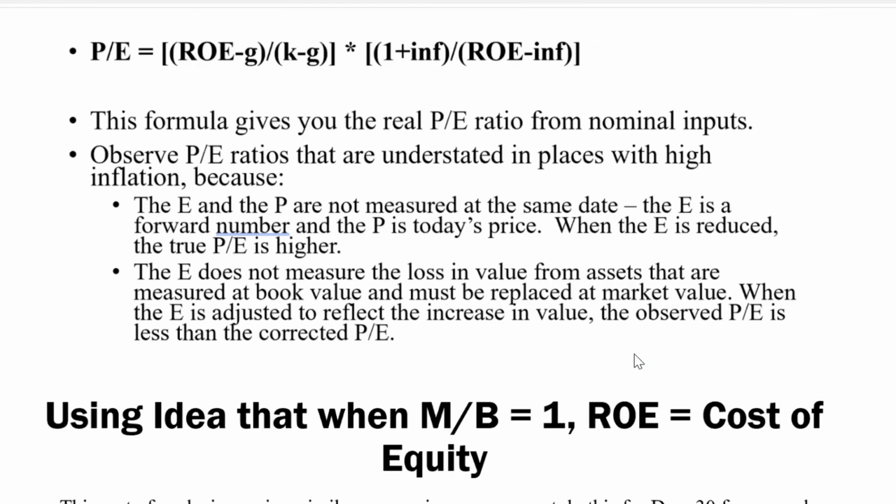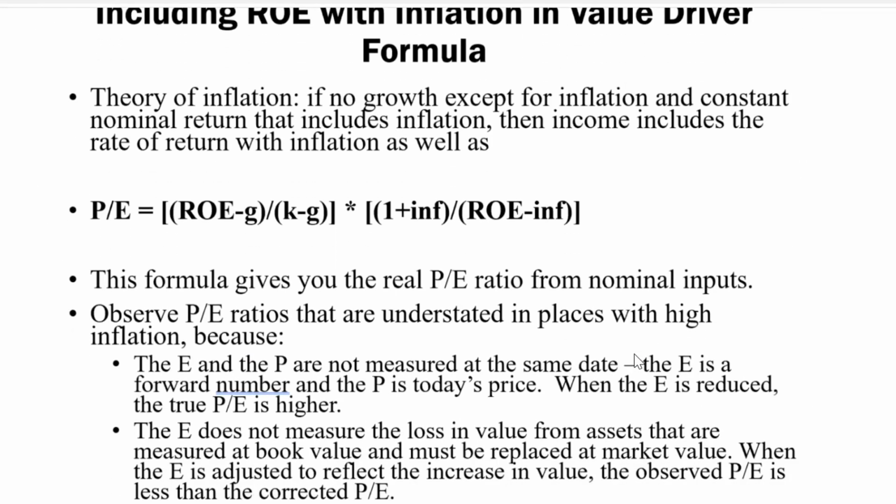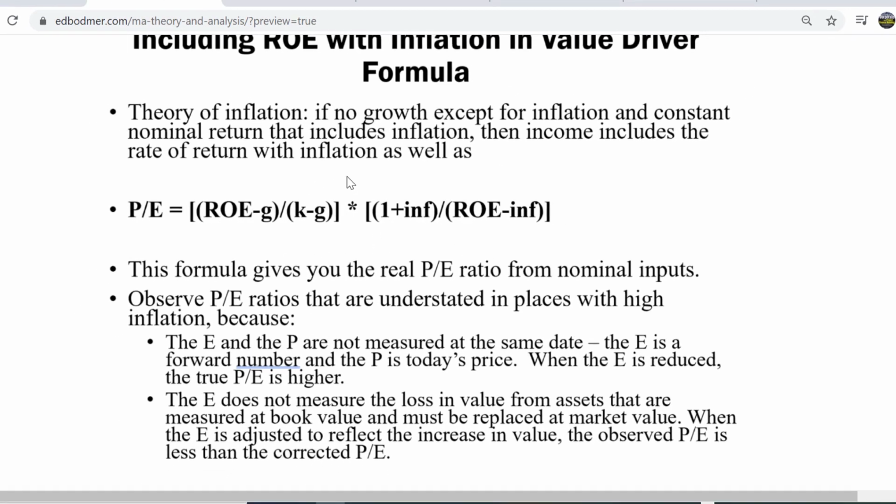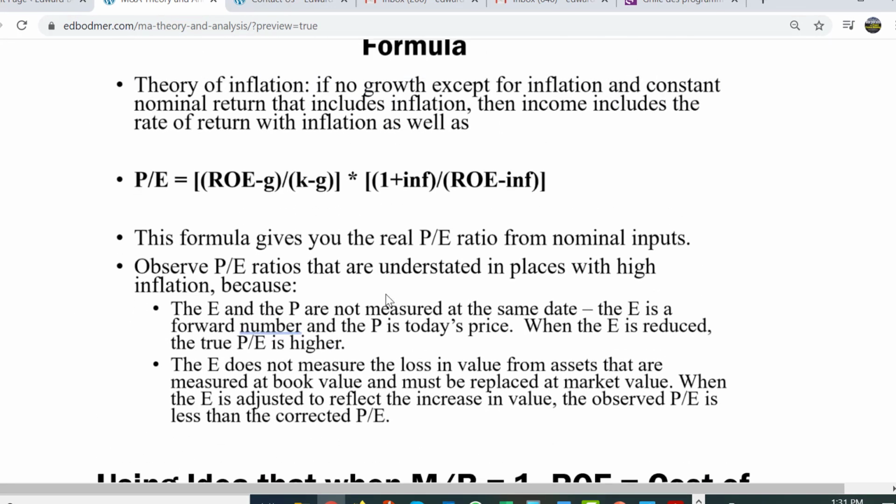Okay, so one thing we could do is take that PE ratio formula or that value driver formula, which again was value equals E times 1 minus G over ROE, divided by K minus G, but we have to include all this inflation. And when we include all this inflation, we can back into what the K is.